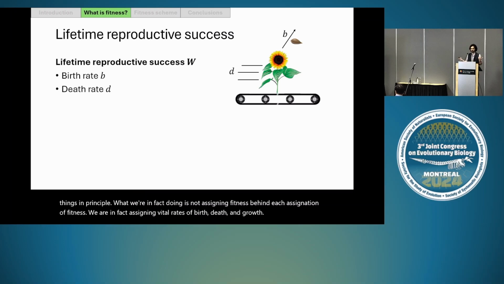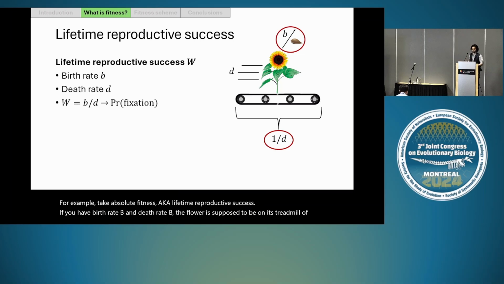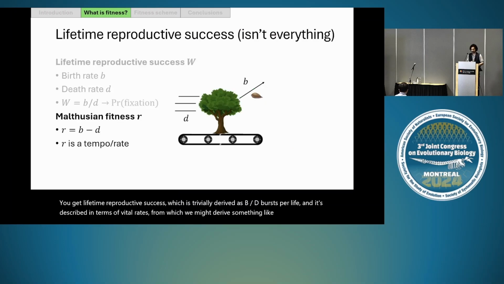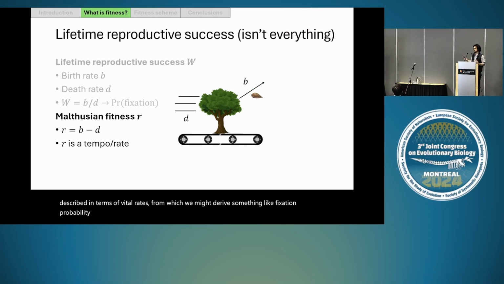For example, take absolute fitness, aka lifetime reproductive success. If you have birth rate B and death rate D, the flower is supposed to be on its treadmill of life, you get lifetime reproductive success, which is trivially derived as B divided by D, births per life. And it's described in terms of vital rates, from which we might derive something like fixation probability. But this is not always an appropriate fitness metric.